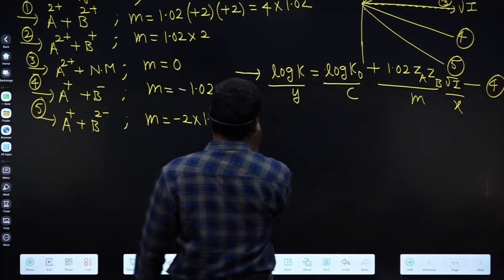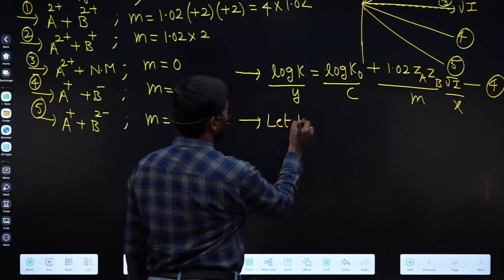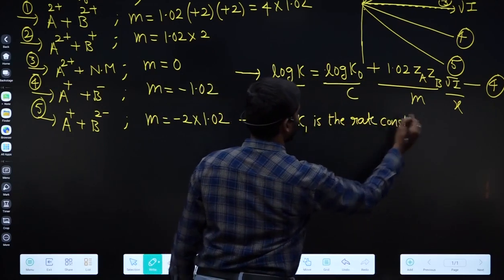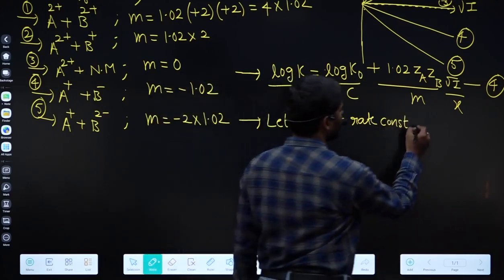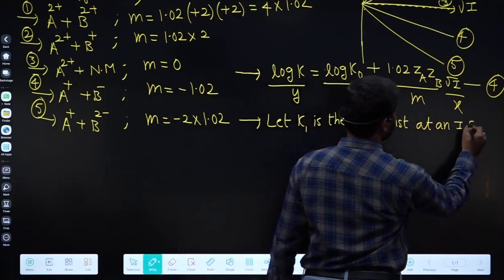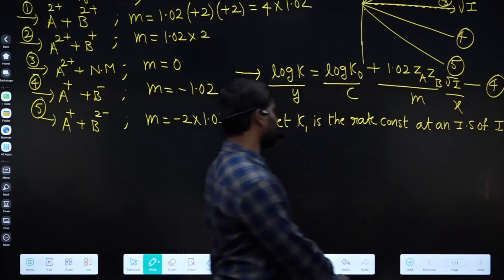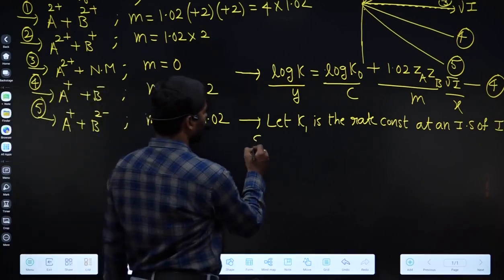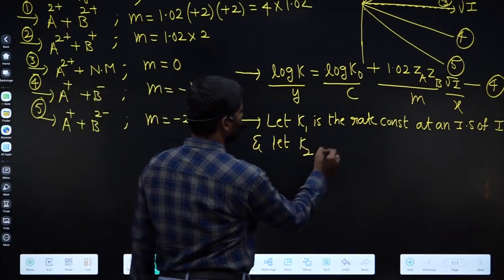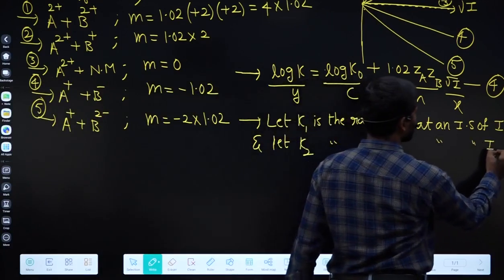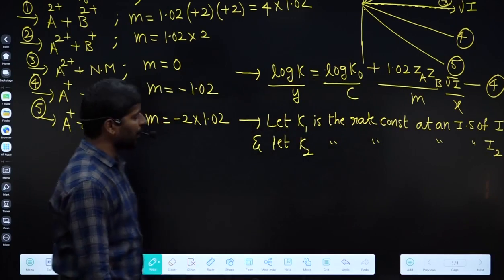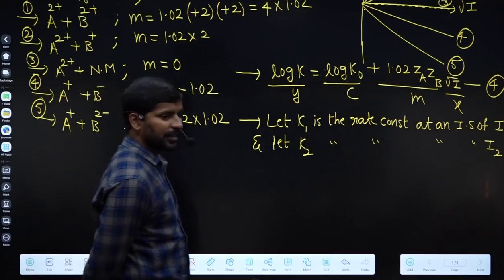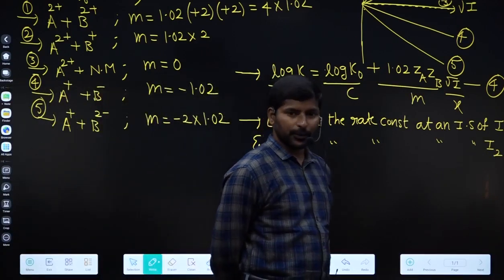Let K1 be the rate constant at an ionic strength of I1, and K2 be the rate constant at an ionic strength of I2.